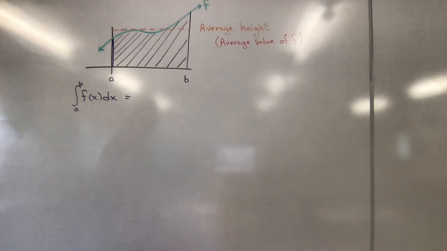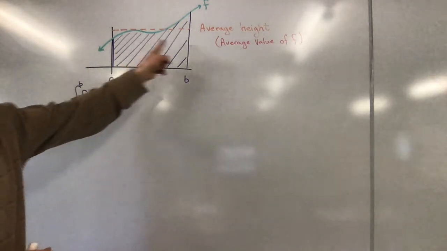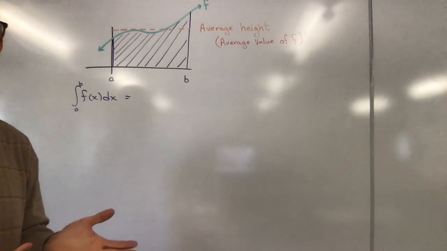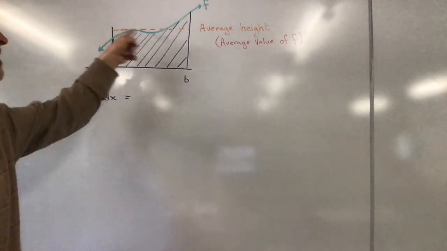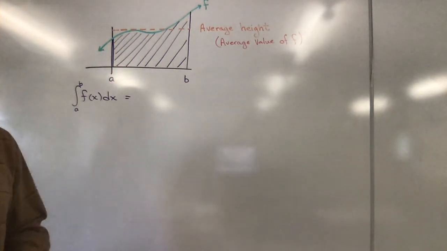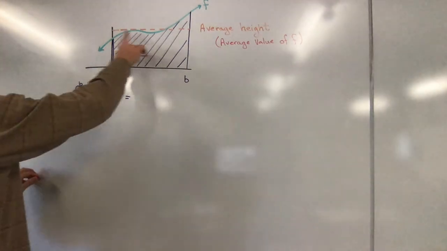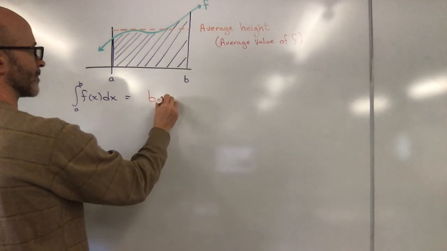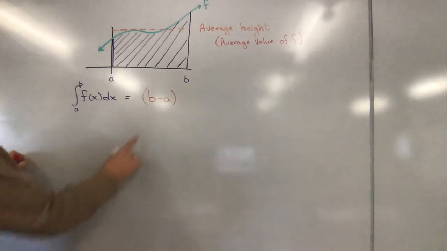Whatever the average height is, and every function along some kind of closed interval is going to have an average height somewhere, it's got to cross the function at least once. We know that the area of that average height is just going to be a big old rectangle.